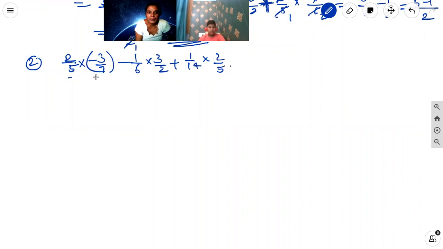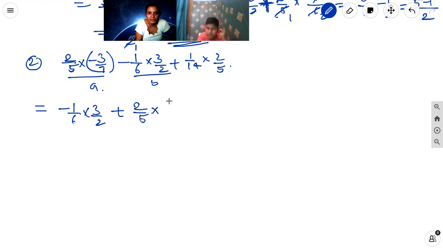This is A, this is B, so you can apply the commutative property, then interchange these two terms. So it is equal to minus 1 by 6 into 3 by 2 plus 2 by 5 into minus 3 by 7 plus 1 by 14 into 2 by 5.